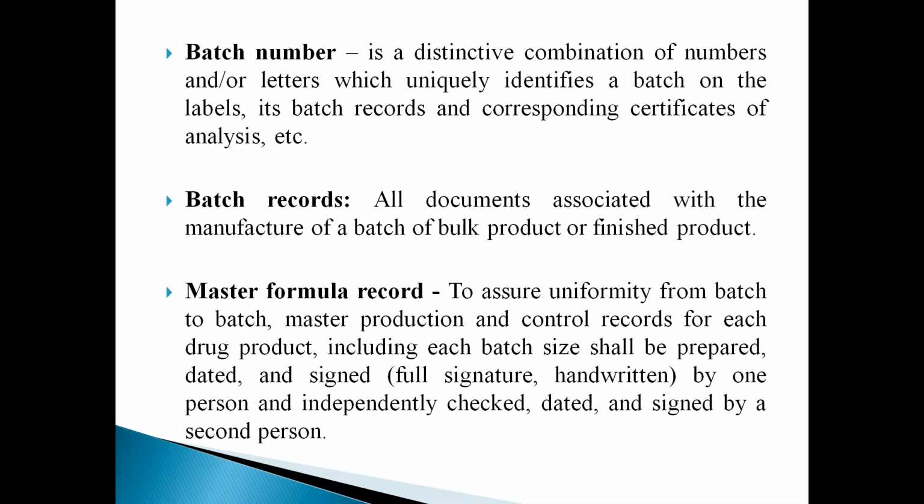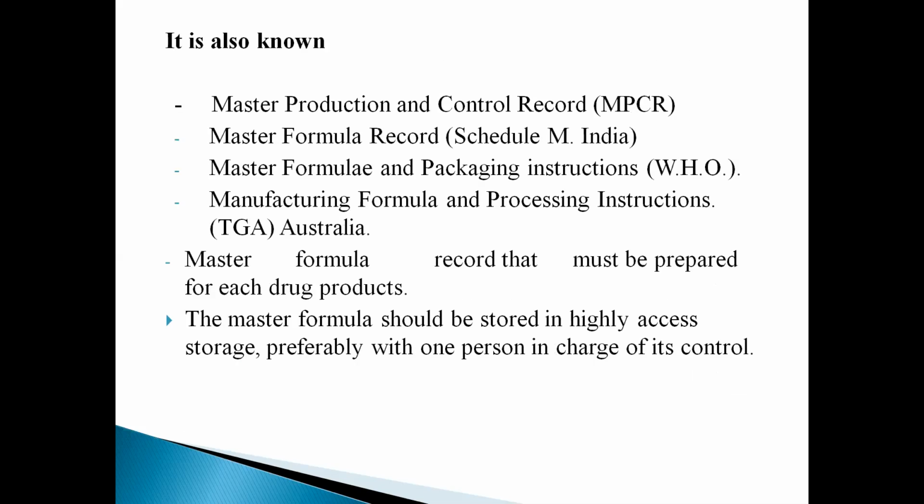And master production control records for each drug product, including batch size, shall be prepared, dated, signed with full signature and handwritten by one person, and independently checked, dated, and signed by a second person. It is also known as master production and control record, MPCR, master formula record, that is Schedule M in India, master formulae and packaging instructions as per WHO, then TGA, that is manufacturing formula and processing instructions, Australia.